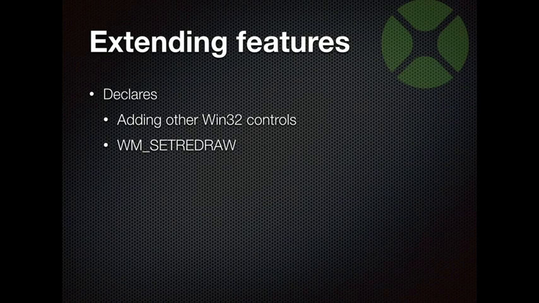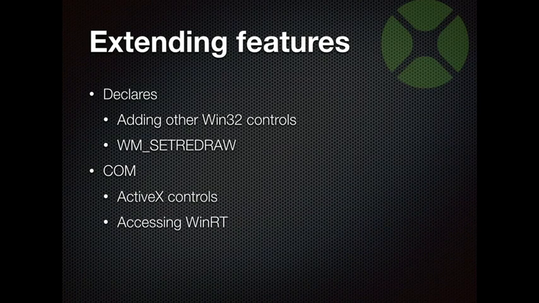You can also use declares to call this API to suppress redraw. And again, you can use COM to extend our features like we did with that folder item. You can add ActiveX controls. You can also access the Windows runtime with COM as well.